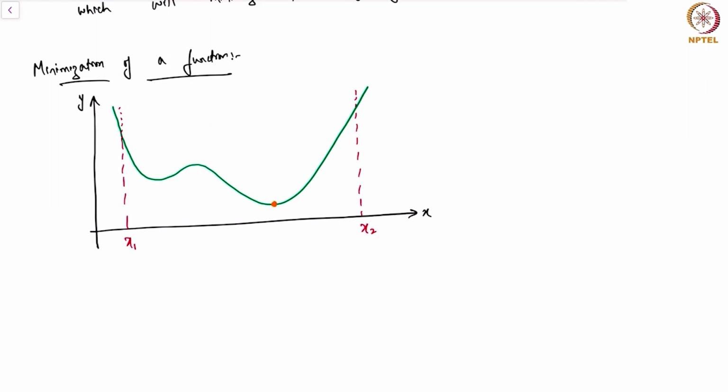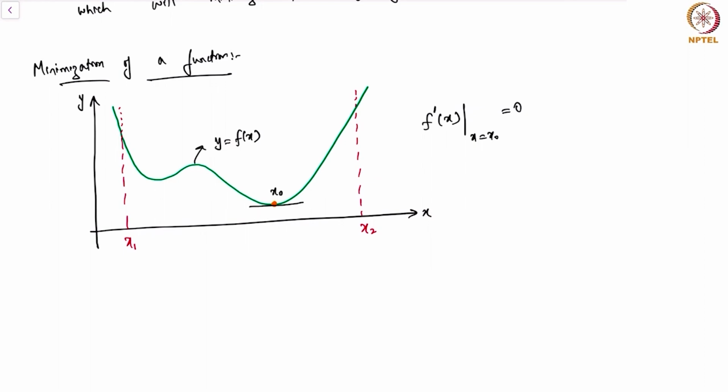Now this is a well-posed problem, and to do this, if this function is given by y equals f of x, we know that at the minima the slope is 0. So we are going to find this location, let's call it x0, such that f prime of x at x equal to x0 is 0. How would we do this?